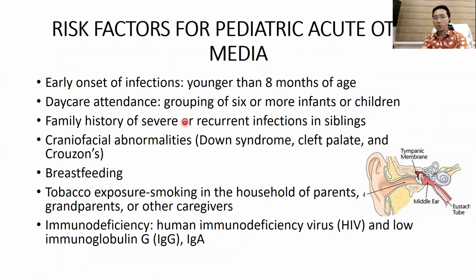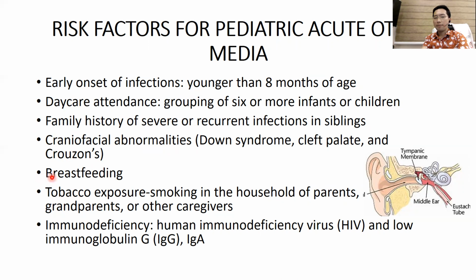Family history of severe or recurrent infections in siblings. Craniofacial abnormalities such as Down syndrome, cleft palate, and Crouzon syndrome. For these craniofacial abnormalities, the problem is anatomical defect.